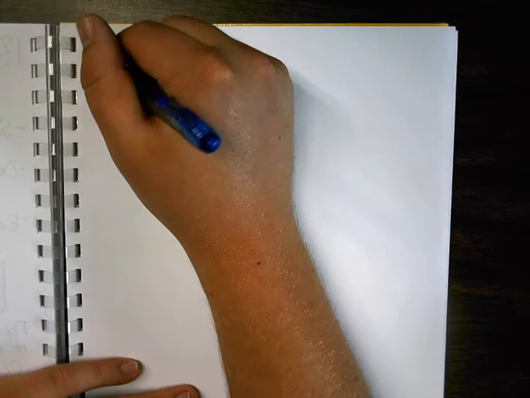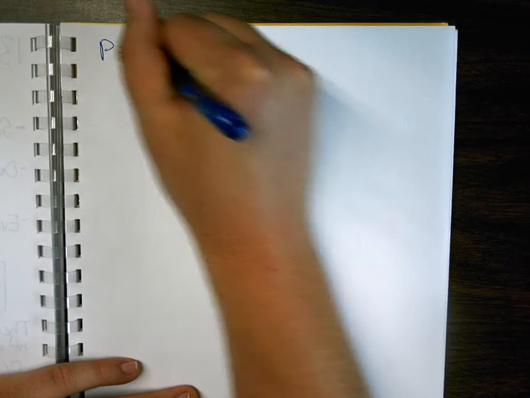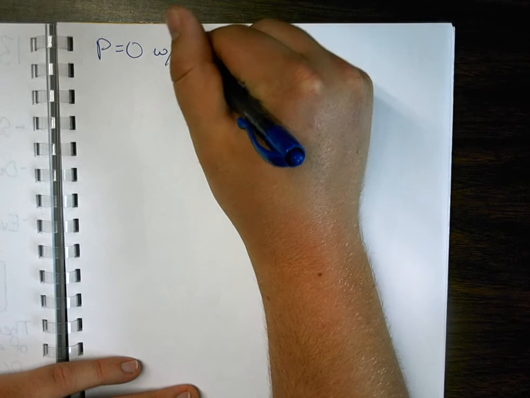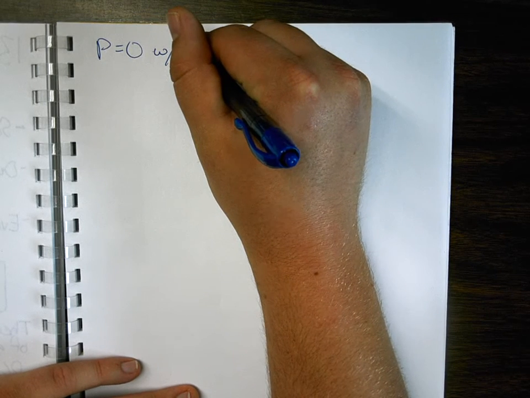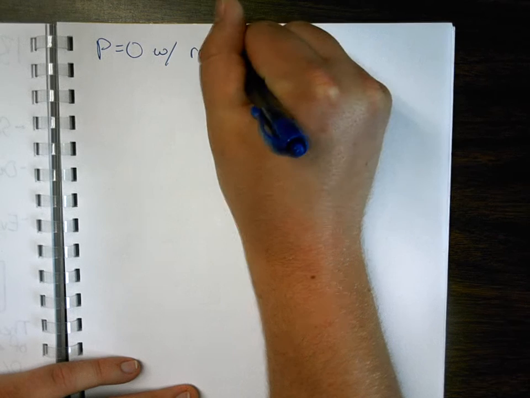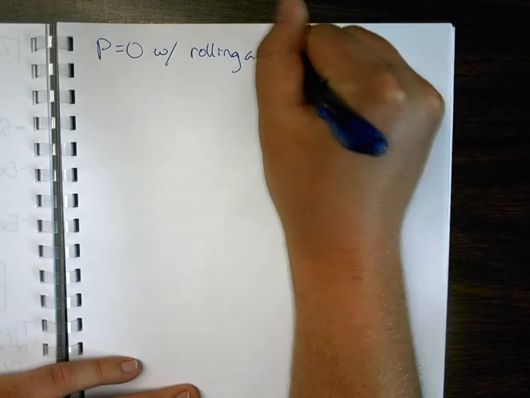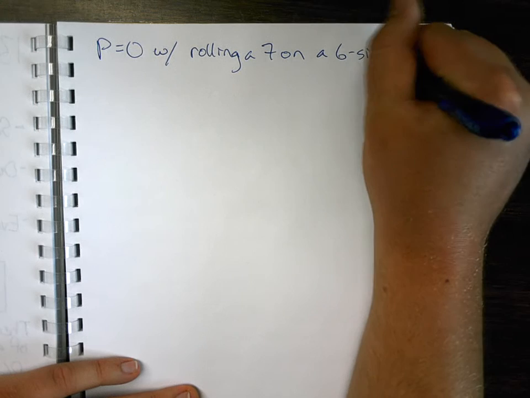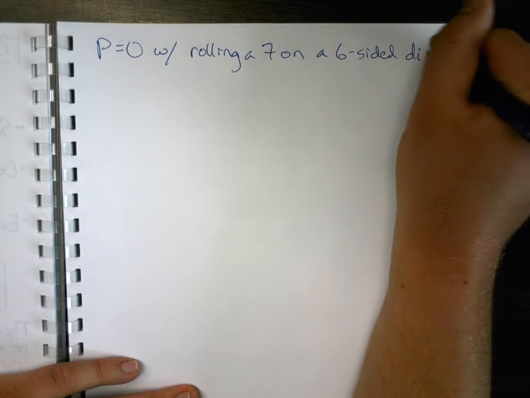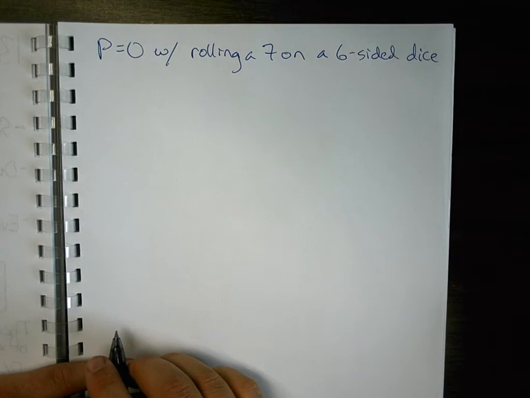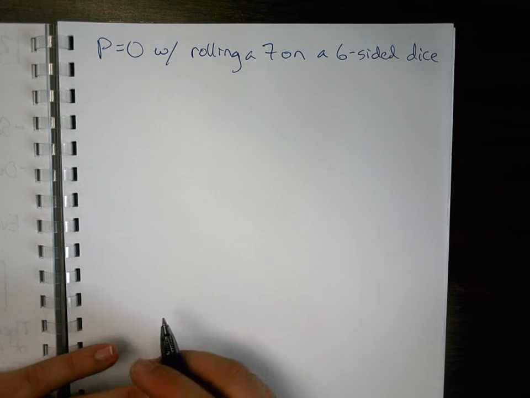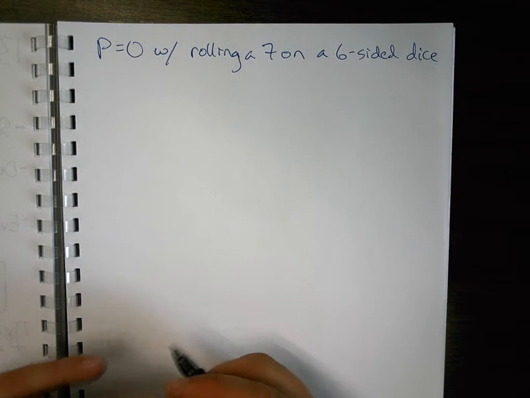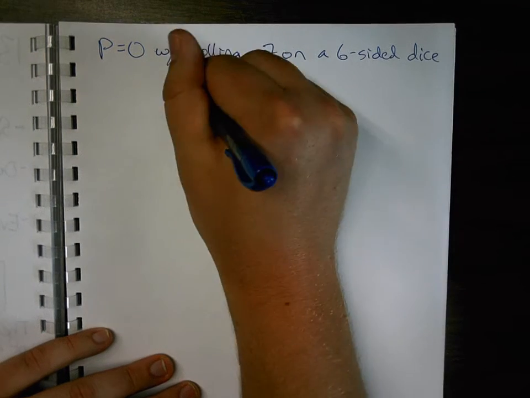So for instance, my probability equals 0 when I consider the chance of rolling a 7 on a 6-sided die. Right, because I want to roll a 7, that's my desired outcome. How many favorable outcomes are there on a 6-sided die that are 7? 0, so it's 0 over 6 possibilities.